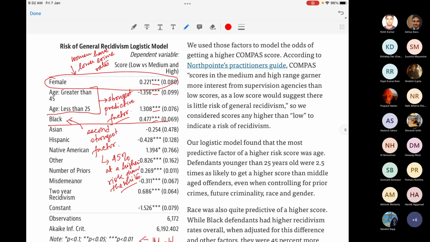But even then, you see that women are at a higher risk of recidivism as asserted by the COMPAS software. So these are the two things that are quite bothersome: one is the race thing and the other is the gender thing.